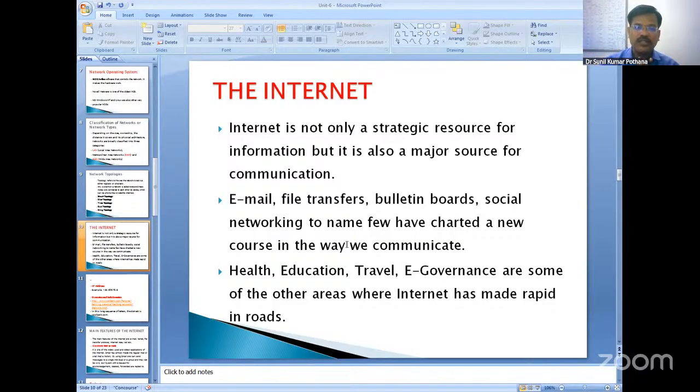Its innovation can be rated on par with some of the greatest innovations of mankind, like the steam engine, aeroplane, and printing press. It brought about sweeping and far-reaching changes in the way information can be accessed.